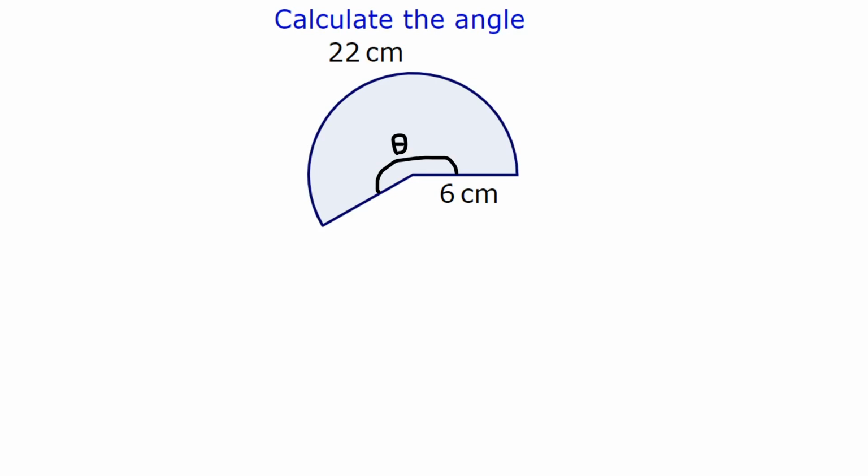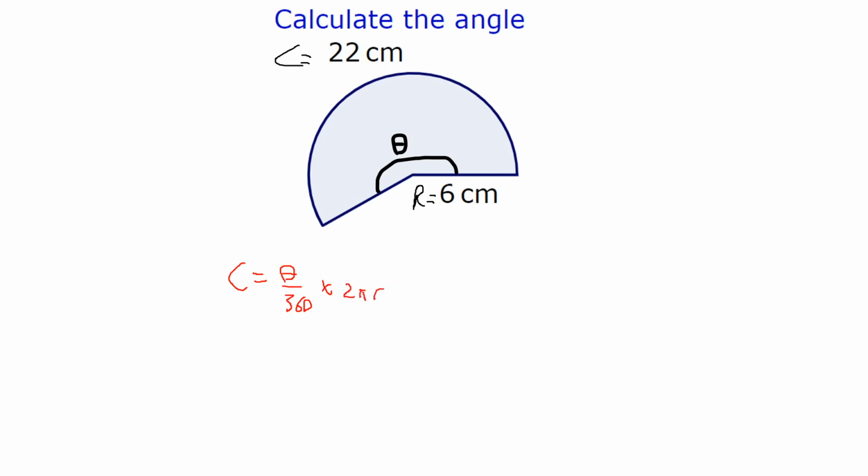What about this one? Well, for this one, we're told to find what theta is equal to. Again, we're given what C is, and we're given what r is. Again, we need to work backwards. So C is equal to theta over 360 times 2 pi r. You agree with that?